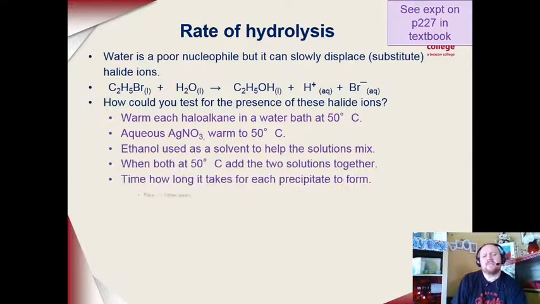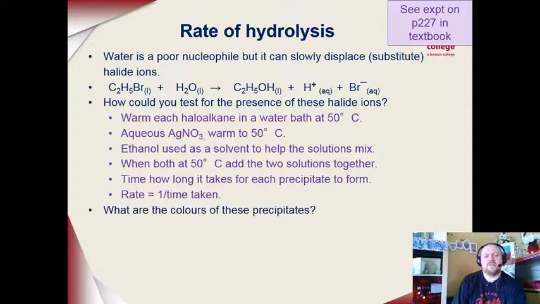Something that comes up quite often in exam questions is how you would work out this rate of hydrolysis. And the way that you would do it is by looking for the presence of the halide ion. So we put some AgNO3, or silver nitrate, into the solution.